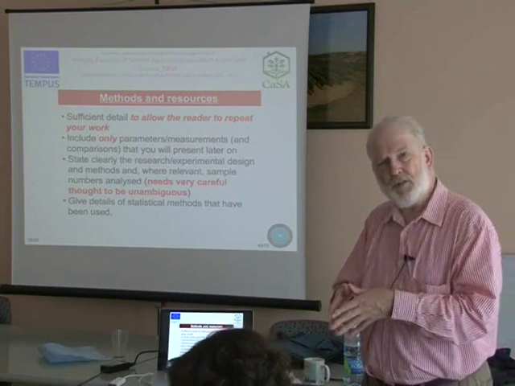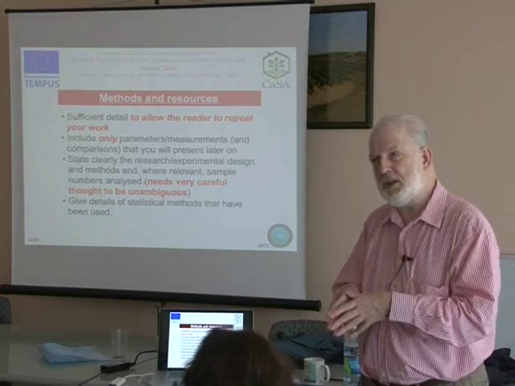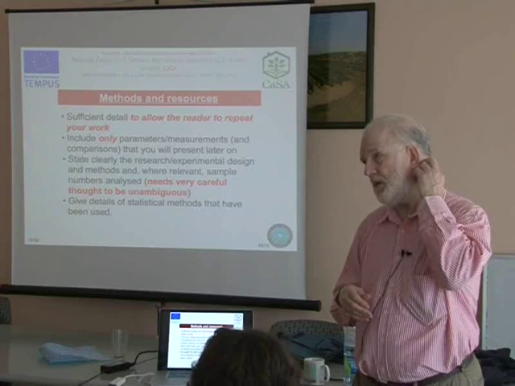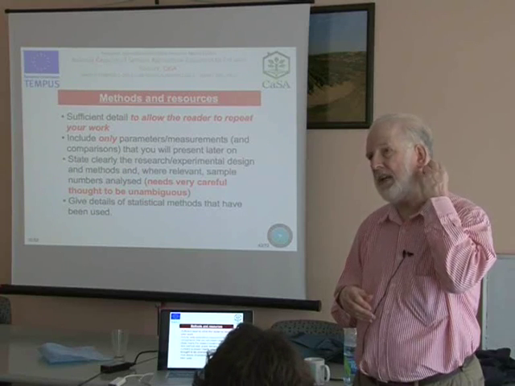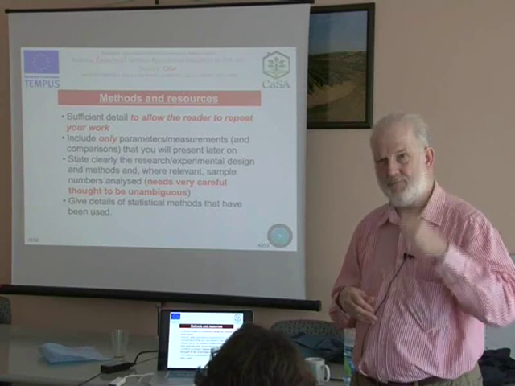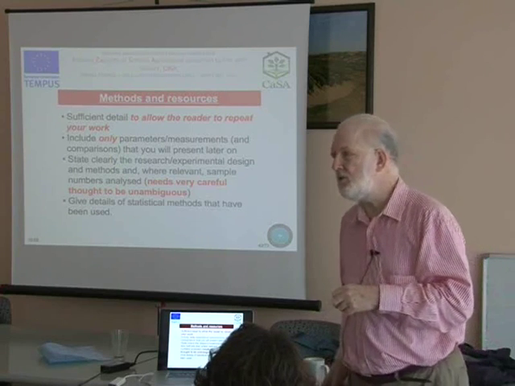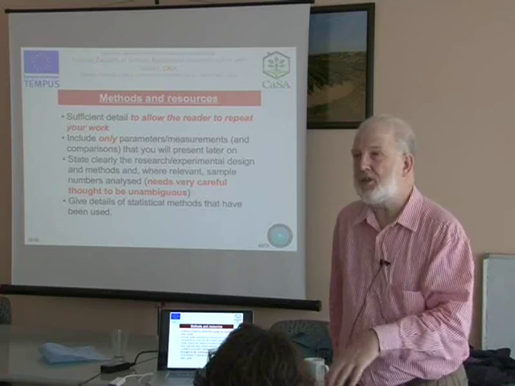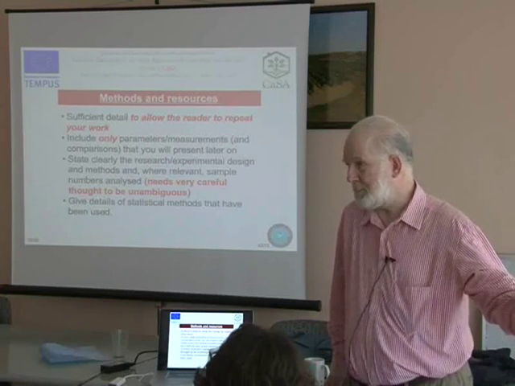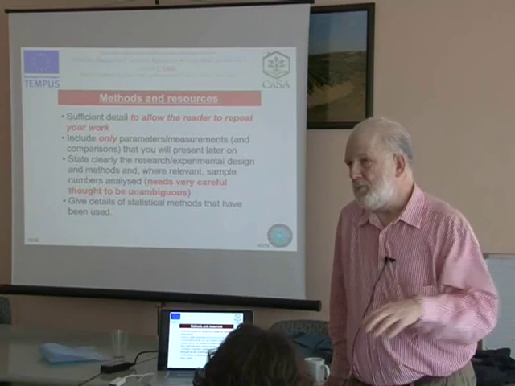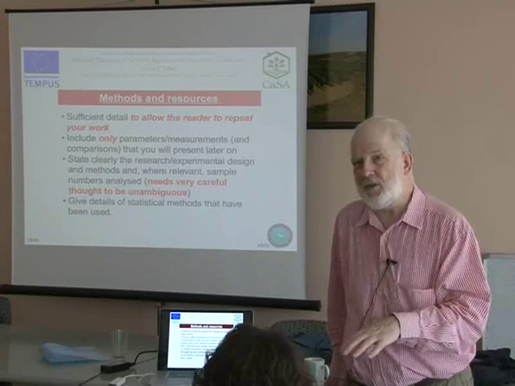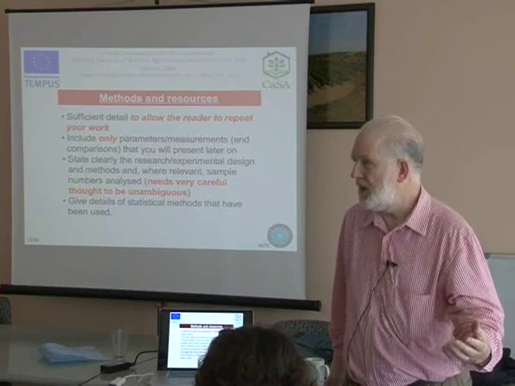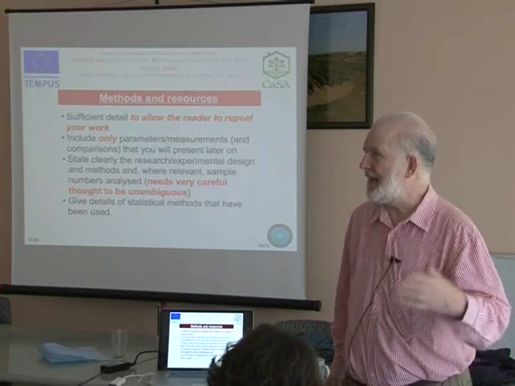And I think one of the areas where there is often a lot of ambiguity is when you're talking about the level of replication. Particularly if you're doing analyses, assays of something that you've extracted from an organism. Because you've got biological levels of replication, you've got assay levels of replication, you've got replication of an extract.